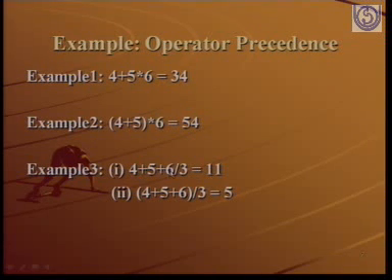Another example we can take here, 4 plus 5 plus 6 by 3. If you see here, 6 by 3 will be evaluated first, it will give you the result 2, and then 4 plus 5 plus 2 will give you 11. But if you put the whole thing into parenthesis and divide the whole thing by 3, you get some other result. You are adding all these three numbers, 4 plus 5 plus 6, and then dividing that sum by 3, and you get the result 5 here.